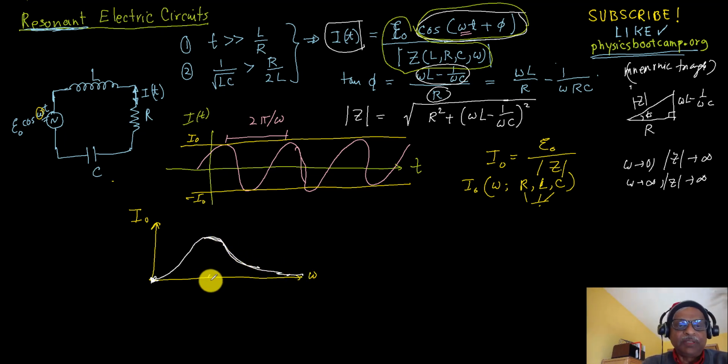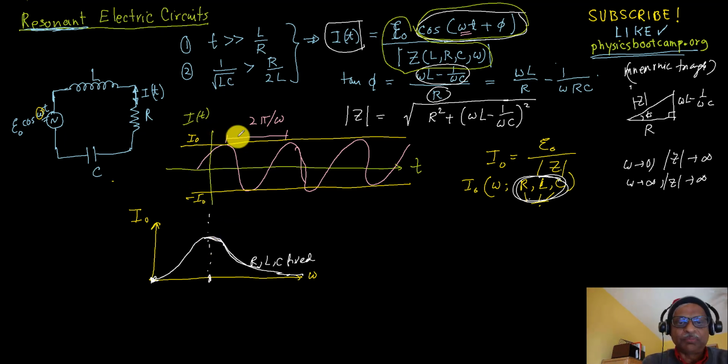And so you can see there is a particular omega. For fixed values, okay, for some value of R, L, C fixed, there is this particular frequency at which this amplitude is bigger.